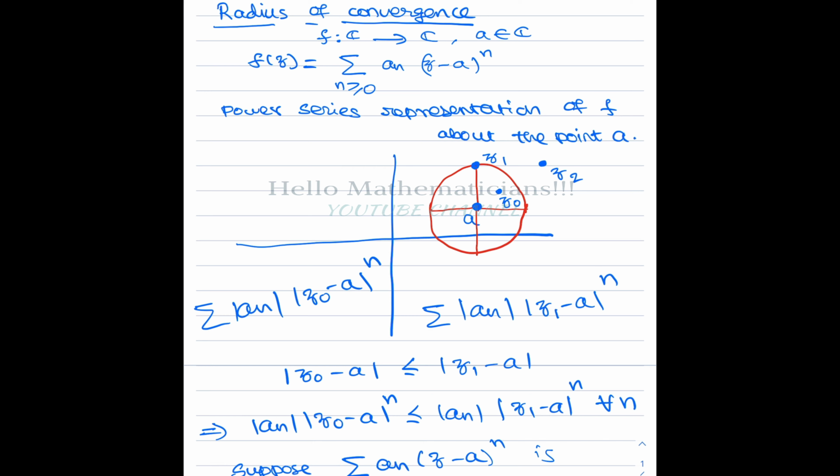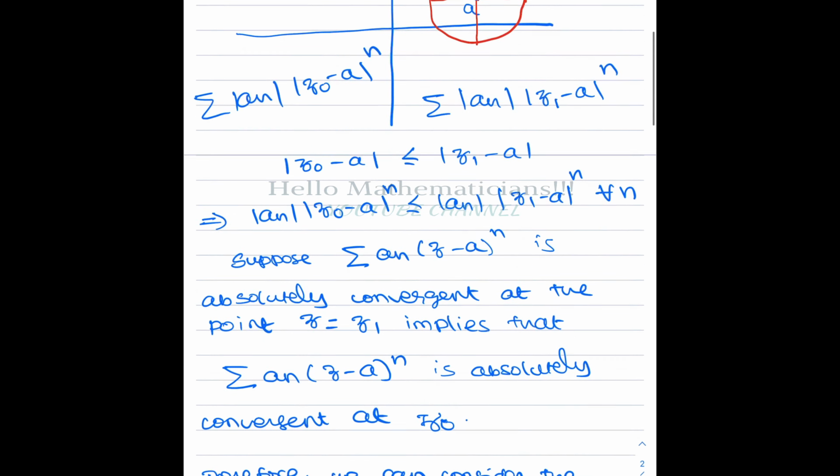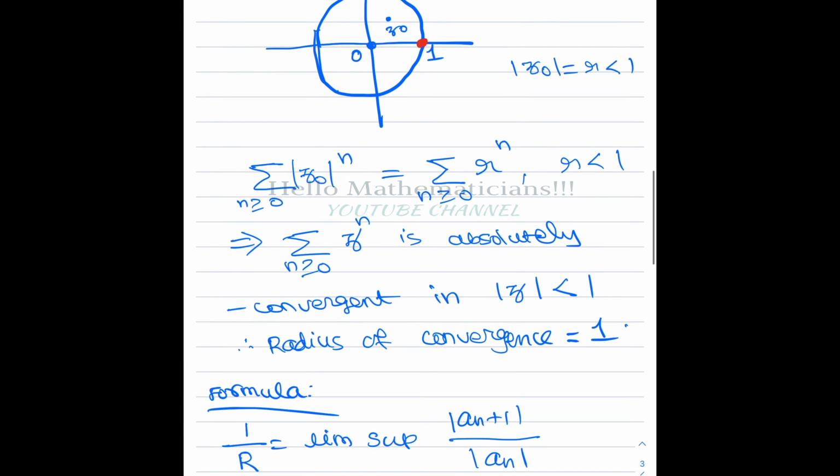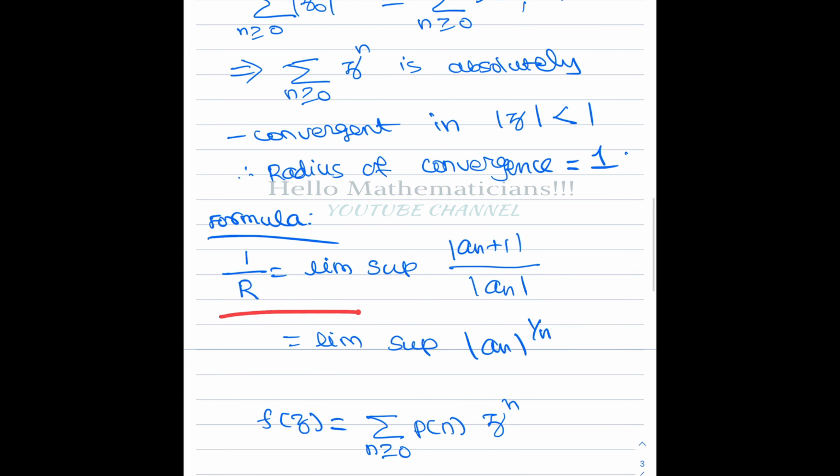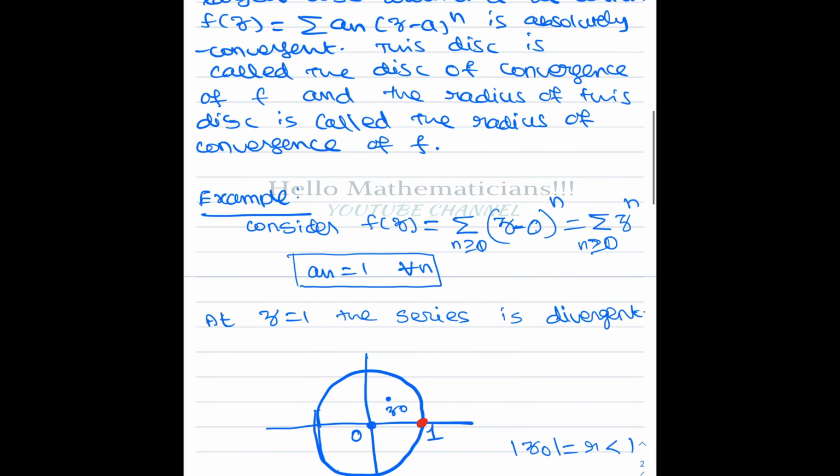In many interviews they ask what the radius of convergence is. If you just give this formula, that is not a good answer, because this is a formula to calculate the radius of convergence. What is radius of convergence?